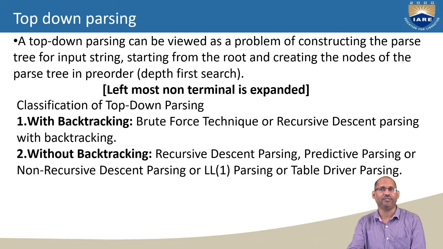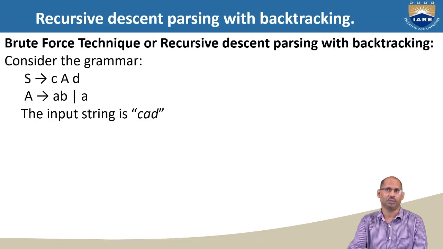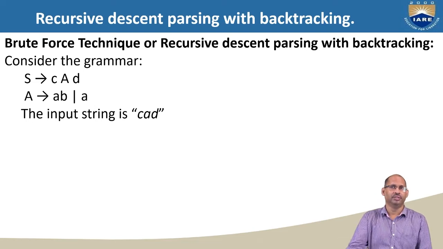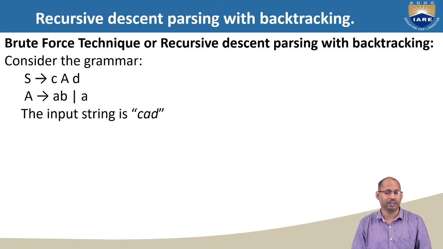So these are the different methods in the top-down parsing method. Here we have seen what the top-down parsing method is. In the top-down parsing method, we consider the particular non-terminal which is to be derived, that we have to select first, right? Here, brute force technique or recursive descent parsing with backtracking.